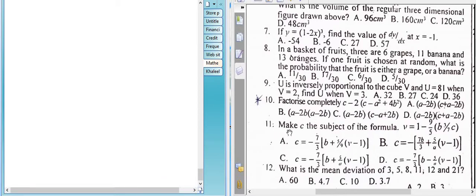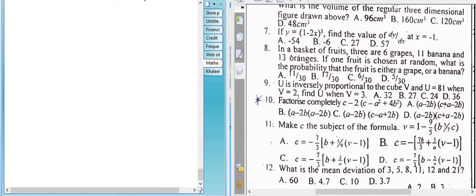So question 11 is given as to make c the subject of the formula in this given equation. We can say that the equation is given as b is equal to 1 minus 9 over 5 into b plus 3 over 7 c.